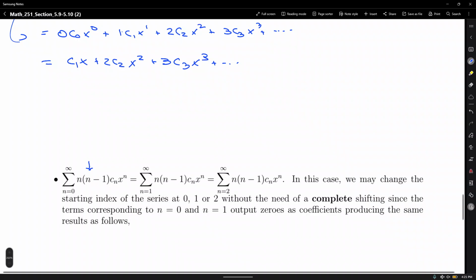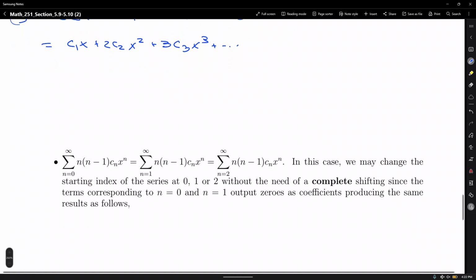Everything is going to go to 0, right? Now, the same happens if I do n equals 1. That's going to be 1 times 1 minus 1. Where is that going to go? 0 also. So then I can also go to 2, all right? 2 times 2 minus 1, and then the first two terms are still going to get away.